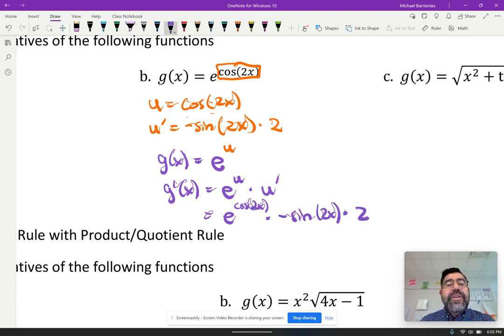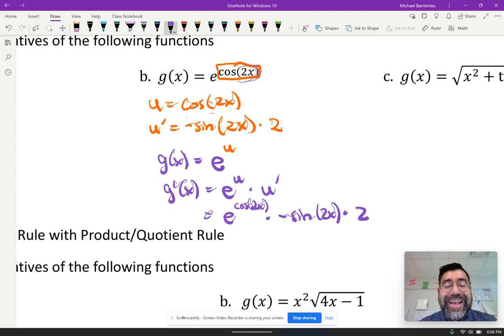So there were 3 different functions going on here. I had the exponential e to the something, I had the trig cosine of something, and then I had the 2x, which was like the innermost function. So 2x is inside of cosine, and all of that is inside of the exponential.